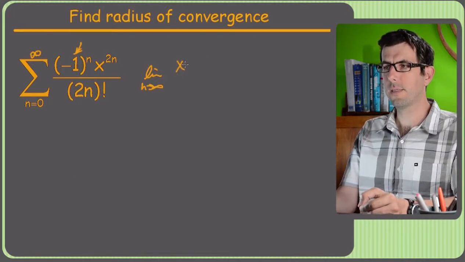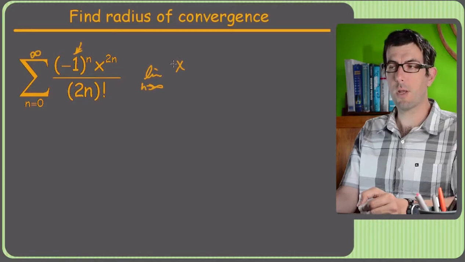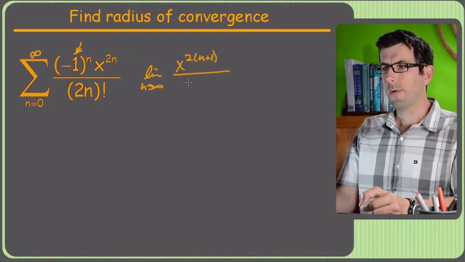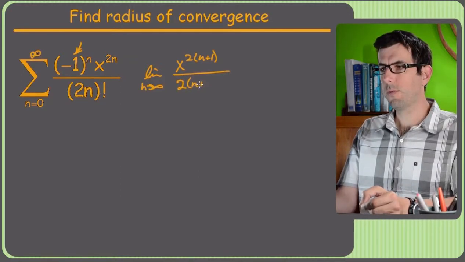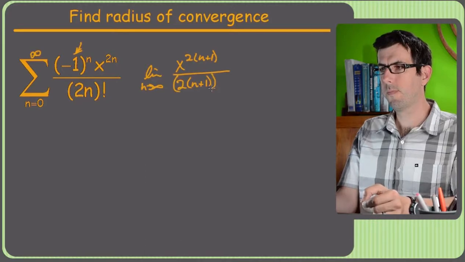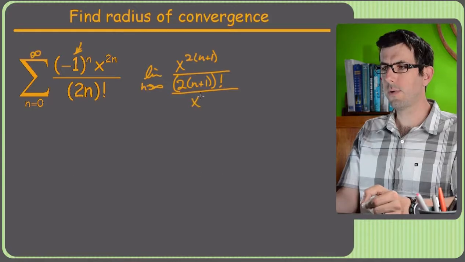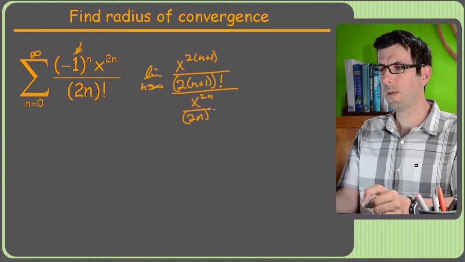All right, so I've got x to the, we need a sub n plus 1 up top. So that's x to the 2 times n plus 1 over 2 times n plus 1 factorial. And that's going to be over x to the 2n over 2n factorial.